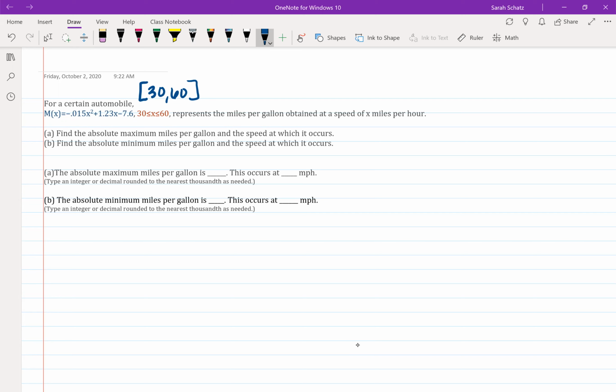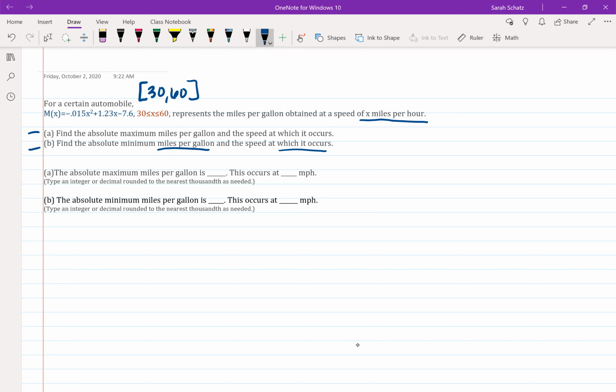Now let's see what it's asking for. It's asking for the absolute max and the absolute min, and the speed at which it occurs. So you guys, because it's asking for both variables, it's asking for the x and for the y. The x is actually the speed. So notice up here, we're in x miles per hour.